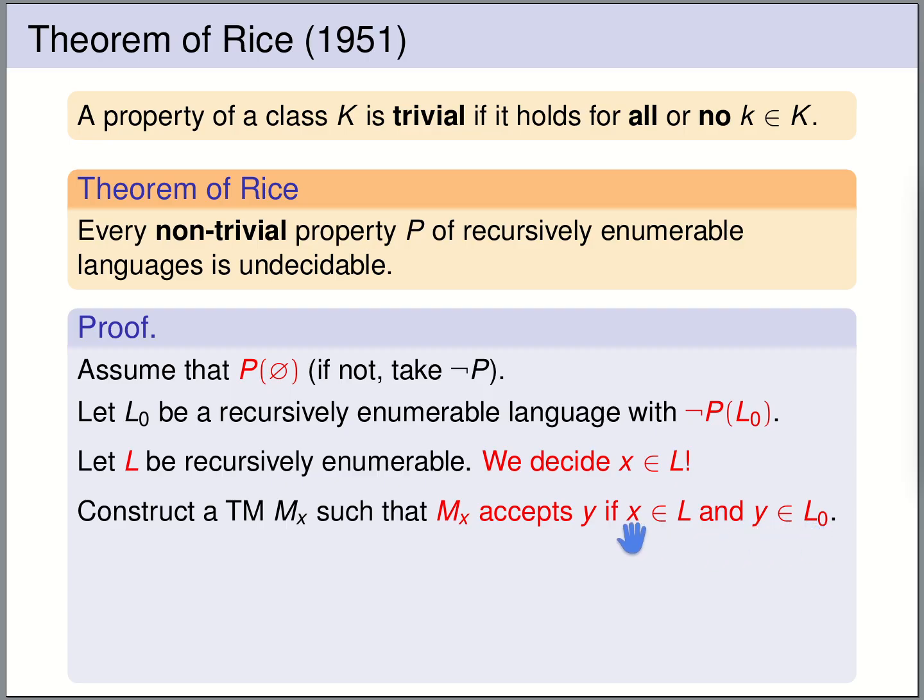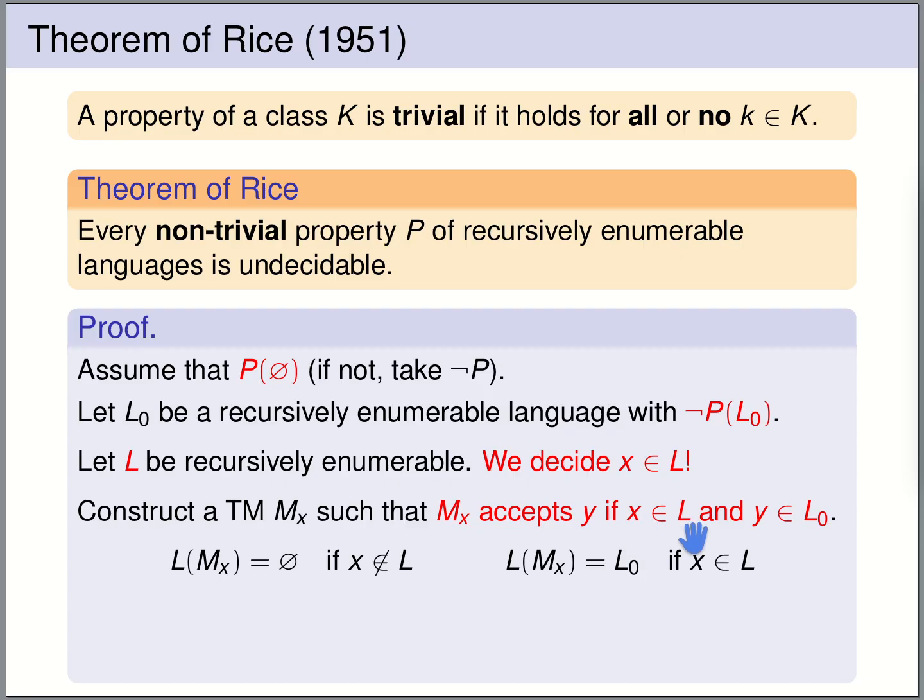So what does this mean? It means that we get the following. If X is not in L, so if the Turing machine for L does either say no or never halts, then this first part here will always fail. It might run forever. But then the language accepted by MX will be empty. So if X is not in L, the language accepted by MX is empty.